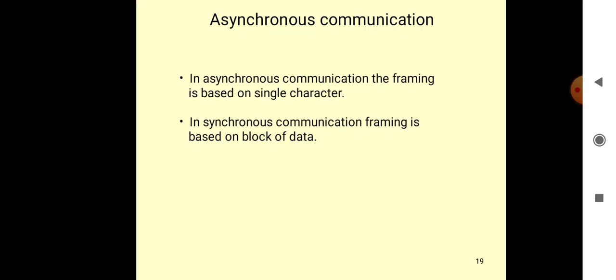Now coming to the essentiality of start bit and stop bit. Start and stop bits are used for asynchronous communication. Here we are taking data and looking at how it can be transmitted based on the number of signals.